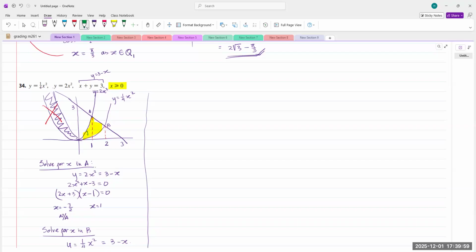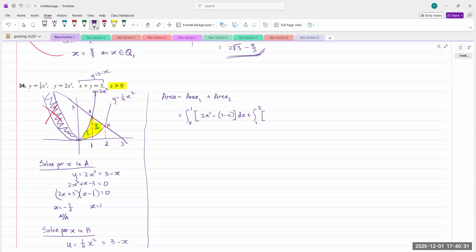But once you are able to do that, then let's call this region 1 and this region 2. In region 1, the integral is from 0 to 1, the upper bound is 2x squared, the lower bound is 3 minus x. And then in region 2, the area is the integral from 1 to 2.